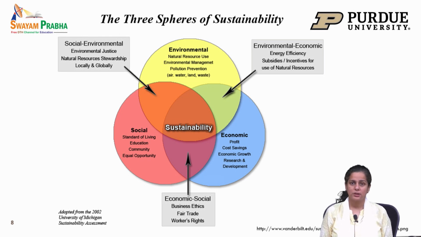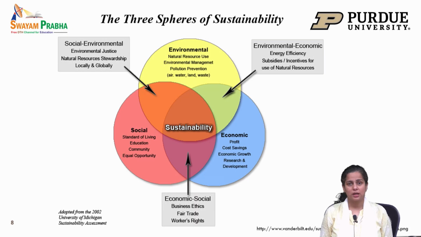When we think about the intersection between these spheres, such as environmental and economic, we talk about things like energy efficiency. Energy efficiency not only addresses concerns in the environmental sphere of sustainability, but it also helps the economic, because you can increase your profit by doing more with less energy.